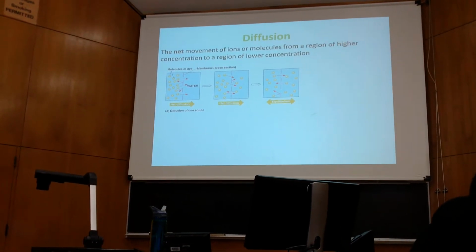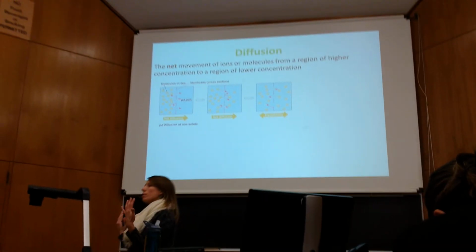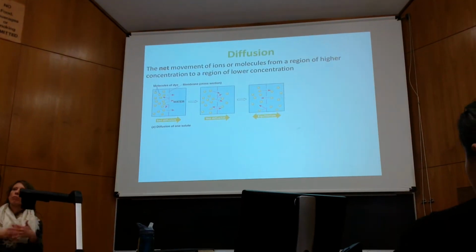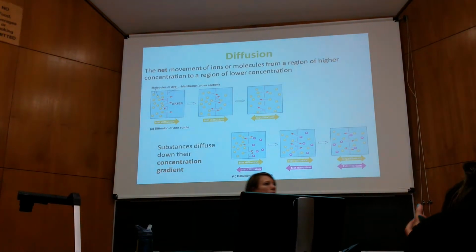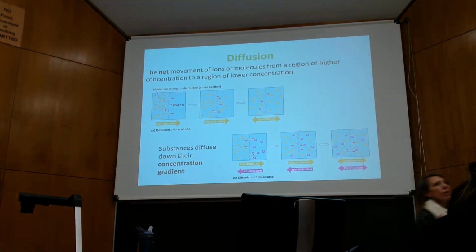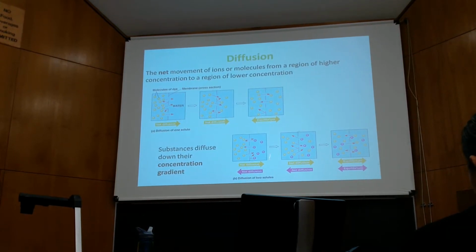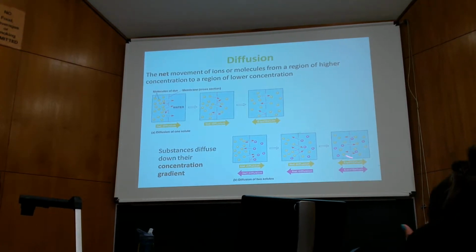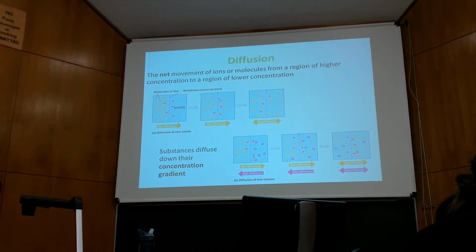So make sure you understand that concept of net movement. It doesn't mean that nothing is moving across the membrane. It just means that it's moving across in both directions at the same rate. And this can happen with more than one type of molecule. So we have different types of molecules on each side and in different concentrations. They will still move across until both molecules or ions reach equal concentrations on each side of that membrane.